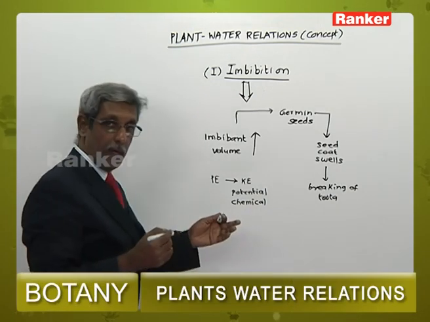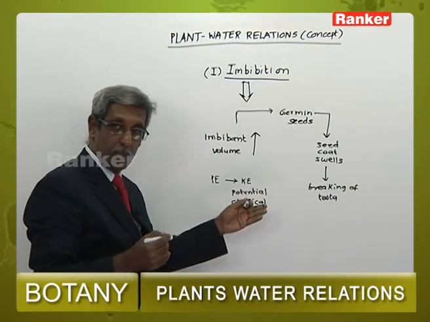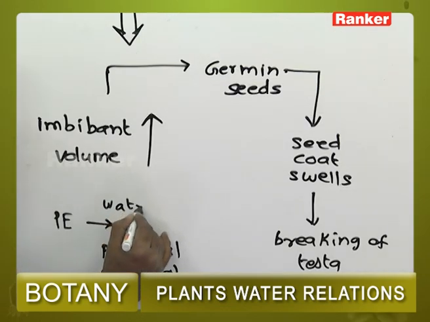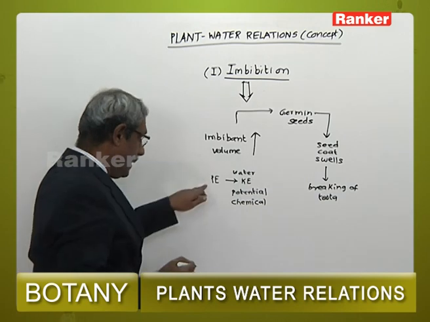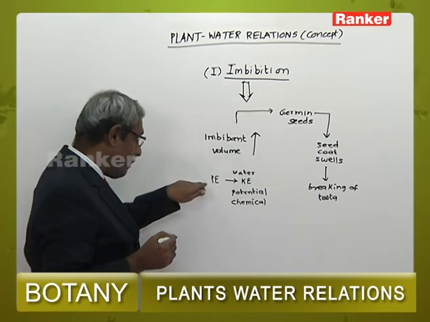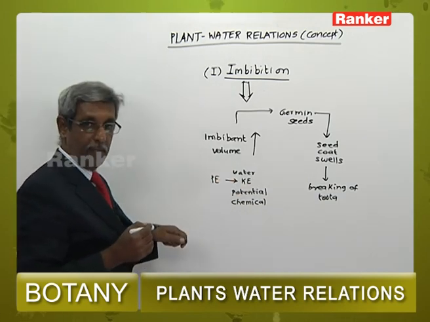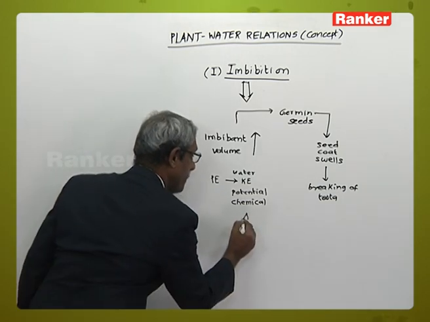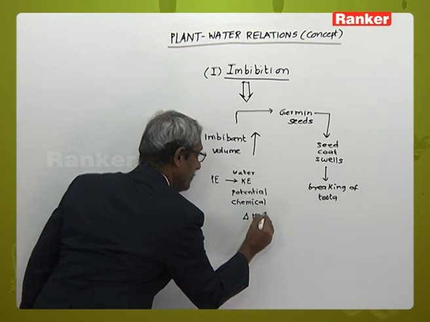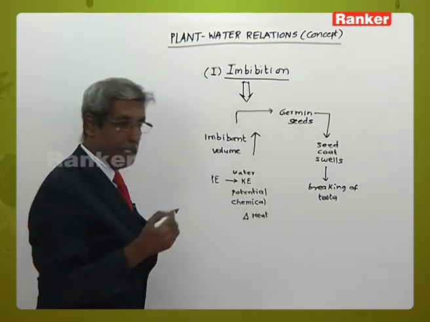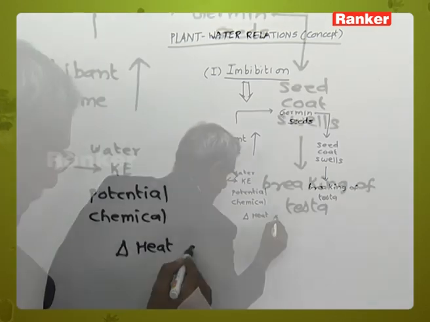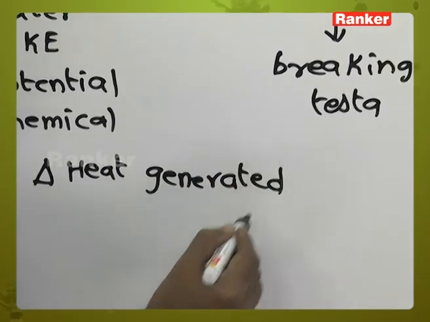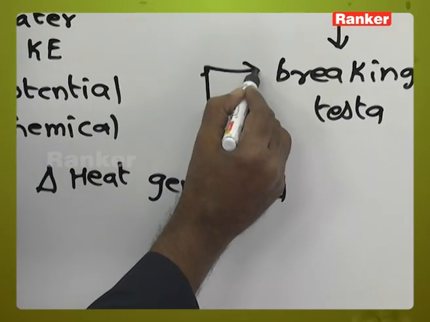Or you could also call it the capacity to do work in terms of the water, so a water potential. In any normal biological compound, potential energy is converted to kinetic energy, and when it gets converted, heat energy is generated. The heat which is generated leads to the breakdown of the testa.